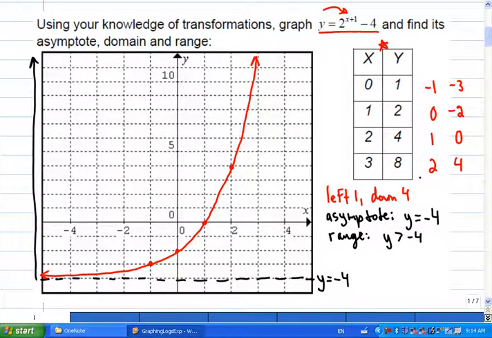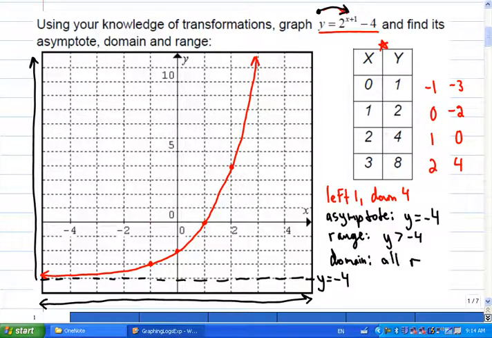Remember, it never touches the asymptote, so it can't be greater than or equal to. It has to be just greater than. And the domain, well, again, doesn't look like there'll be any problem. Any value of x that I put into the function here is going to give me a real value. It's going to be fine, so the domain will be all real numbers again.